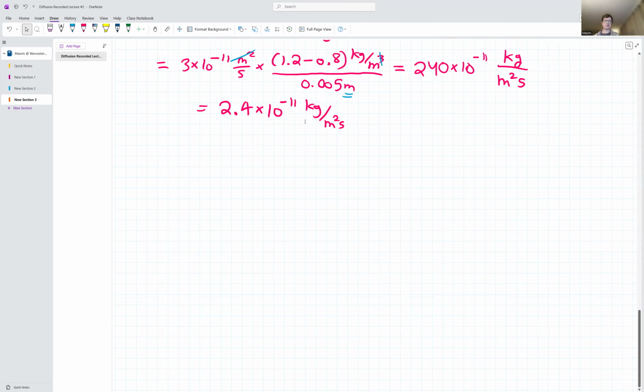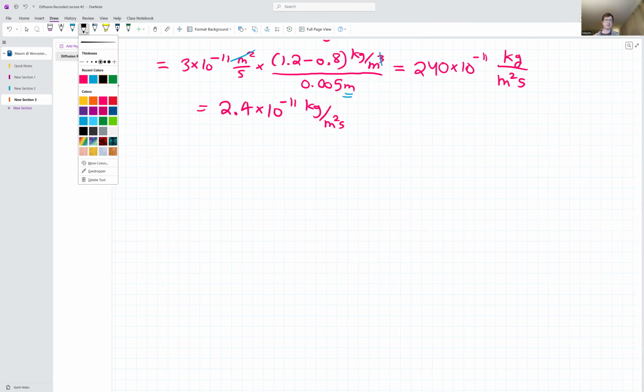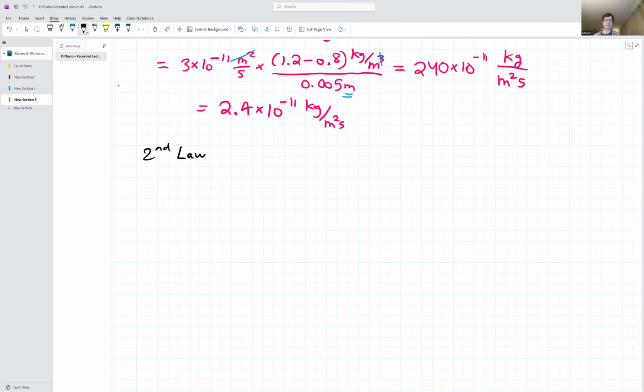Okay, what about the second law? For the second law, you look for specific solutions. Sorry, I'm using shorthand. Let me just rewrite the law again. It's the derivative with respect to time of the concentration equal to the diffusion constant times two derivatives with respect to space.